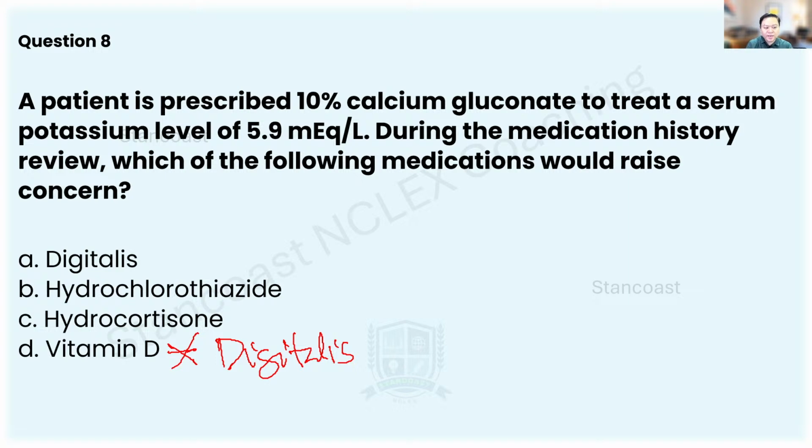So if you had answered letter C, hydrocortisone, what do you think is in letter C? We know that hydrocortisone, it is a steroid, right? It can influence the electrolyte balance. It can promote sodium retention.